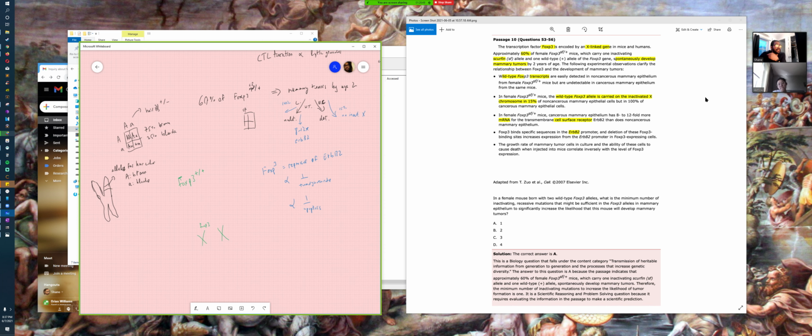So they're telling us that for mice that have the FOXP3 SF allele along with the wild type allele, the wild type portion is undetectable in the ones that have cancer, but detectable in the ones that don't.